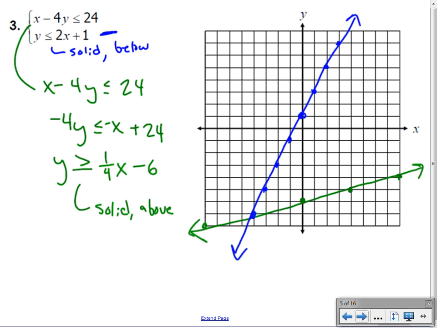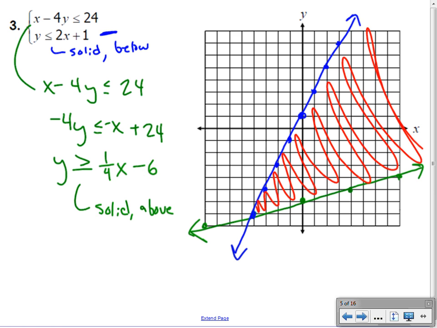Well, if we think about it like this, above my green line and below my blue line, the only place where they're going to overlap is right here in this area. And doing it this way makes it a lot less messy. It makes it a lot easier to figure out where on earth we're actually supposed to be shading, and it makes it easier to figure out what our solutions will be.